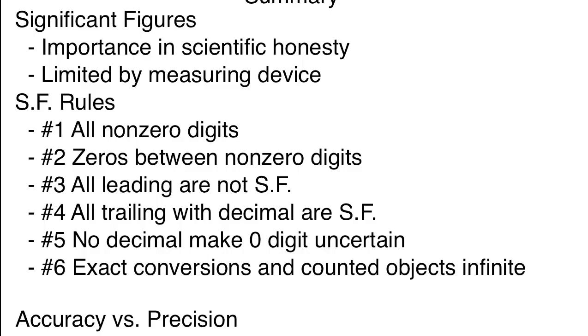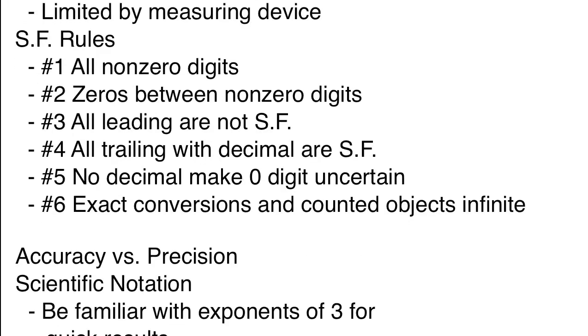There's no tenth of a dog or anything like that. So those would be infinite. And we do not consider them in calculations. If you do a conversion and you have an exact conversion sort of mixed up in your calculation, you don't consider it when you're doing significant figures, because it would have an infinite number of significant figures, and you don't want to take your answer out to an infinite number of places.